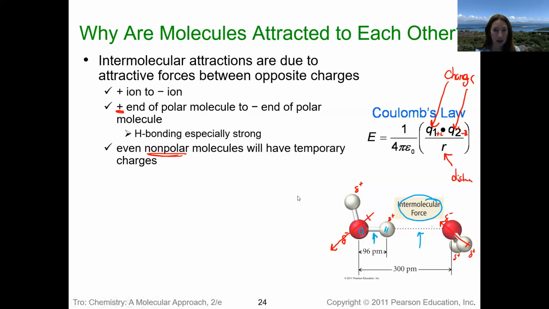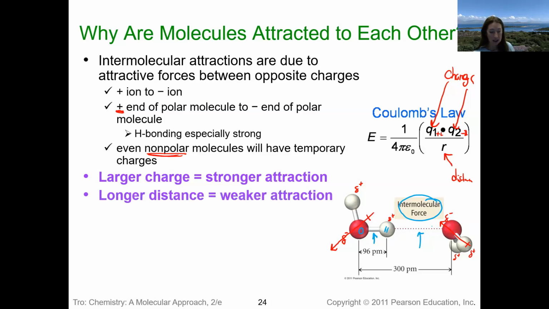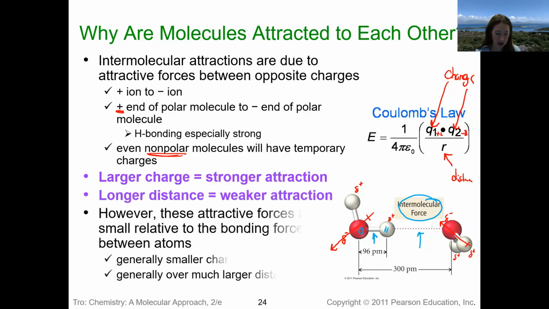Intermolecular forces are much weaker than bonds. So I'm going to talk about strong and weak intermolecular forces, but they do not compare to bonds. Bonds are 10 times stronger than an intermolecular force. So the larger the charge, the stronger the attraction. The longer the distance, the weaker the attraction.